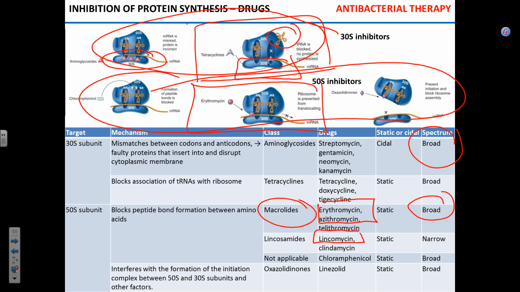Now, lincosamides. Lincomycin and its relative clindamycin, a modified version. So lincosamides also inhibit the formation of the bond between the growing peptide chain and a new incoming amino acid, as does chloramphenicol.